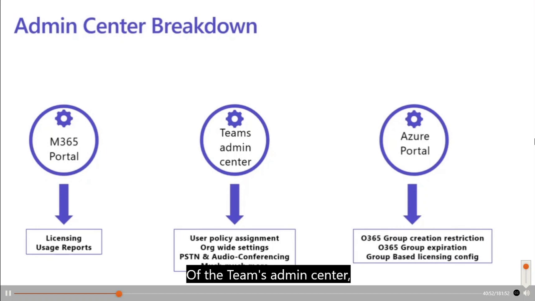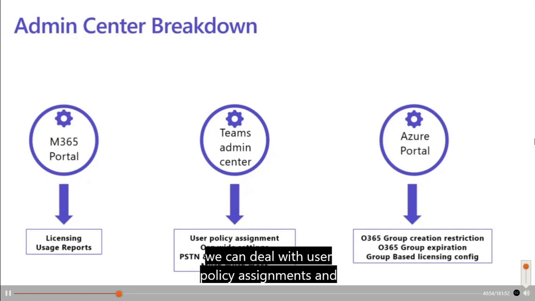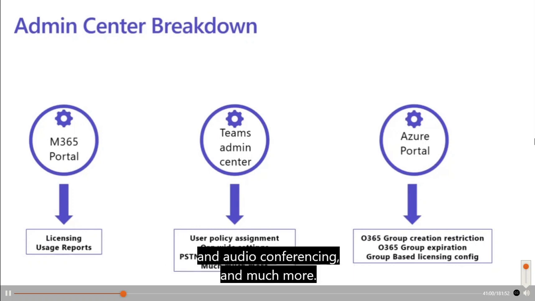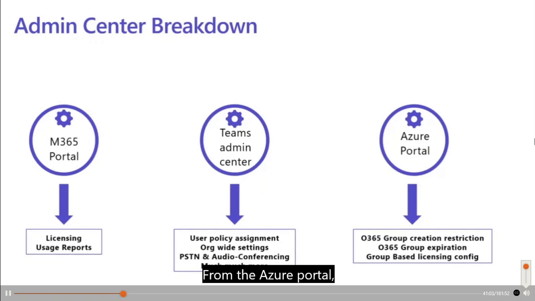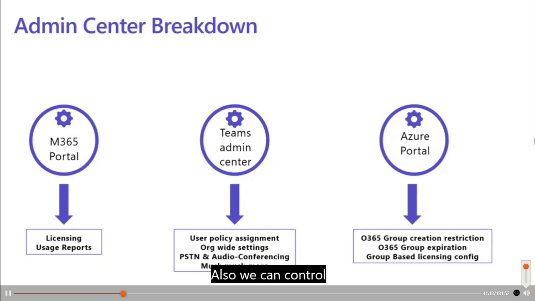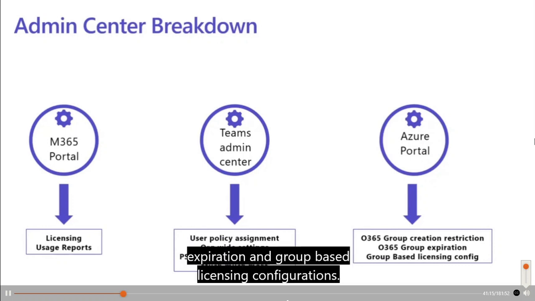From the Teams admin center, we can deal with user policy assignments and org-wide settings and configuration related to PSTN and audio conferencing, and much more. From the Azure portal, we can control the Office 365 group creation restrictions. Also, we can control Office 365 group expiration and group-based licensing configurations.